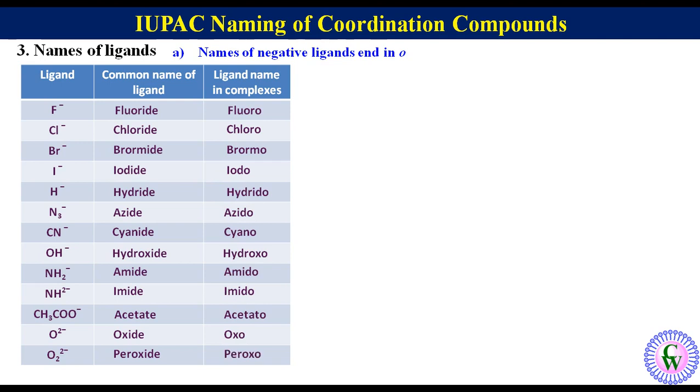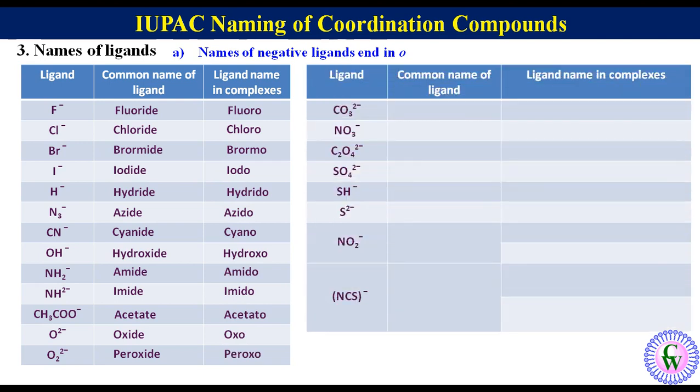Let's have a few more negative ligands: CO3 2-, NO3-, C2O4 2-, SO4 2-, SH-, S2-, NO2- and NCS-.